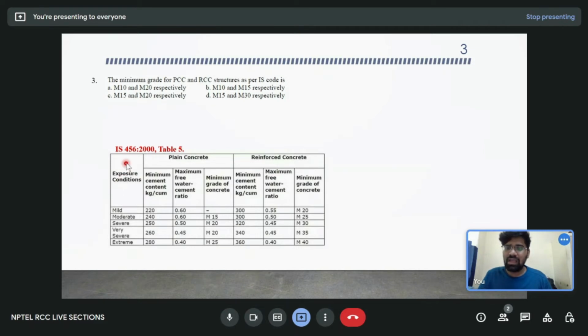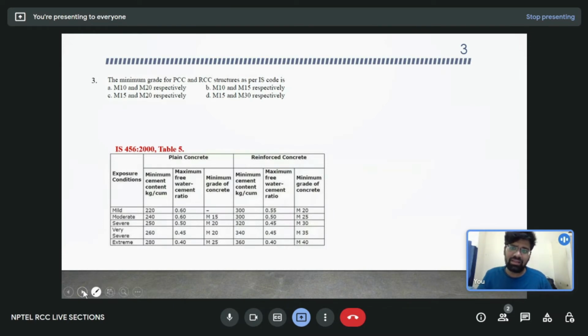According to this IS code, the minimum grade of concrete we should use for PCC and RCC: PCC is plain cement concrete and RCC is reinforced concrete. For PCC, the minimum grade suggested by IS 456 is M15, and for reinforced concrete it is M20. So the correct answer would be M15 for PCC and M20 for RCC.